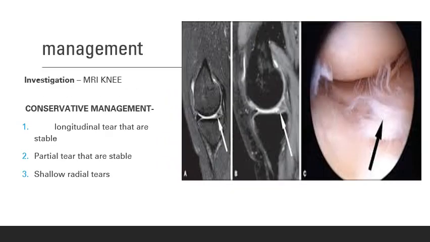Management. Among the investigations, MRI shows the meniscal tear. Here MRI shows hyperdense meniscal tear. This also shows the meniscal tear. It's a scopic view of a meniscal tear. For conservative management, indications are longitudinal tears that are stable, partial tears that are stable, and shallow radial tears.